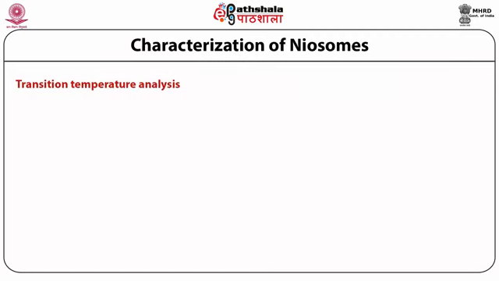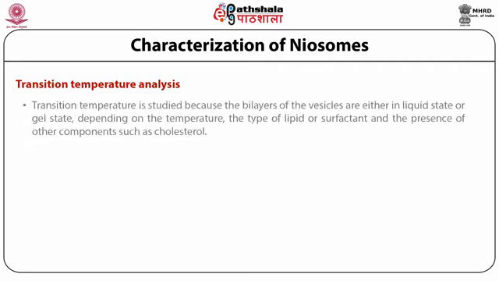Transition temperature analysis. Transition temperature is the temperature where we observe the transition in the neosomal structure. The transition temperature is studied because the bilayers of the vesicles are either in the liquid state or gel state depending on the temperature, the type of lipid or surfactant, and the presence of other components such as cholesterol.